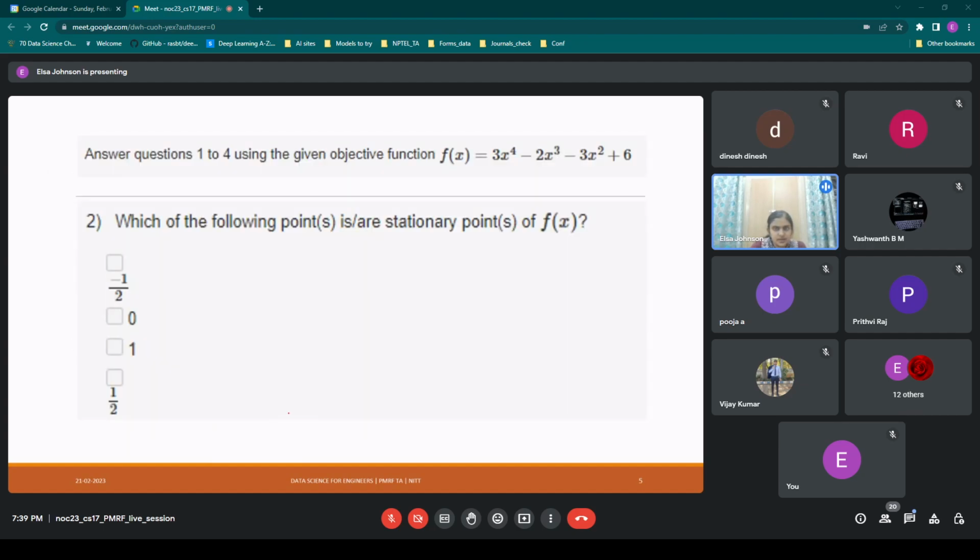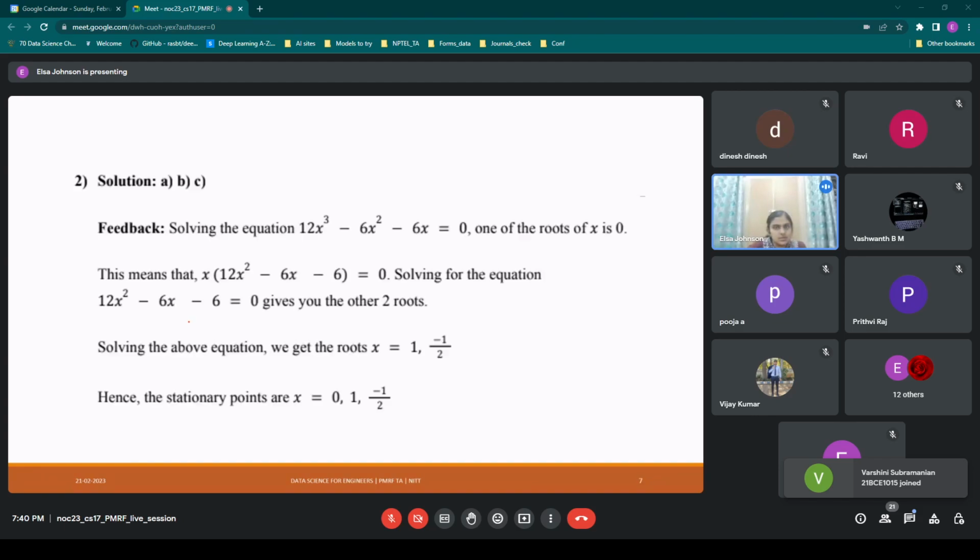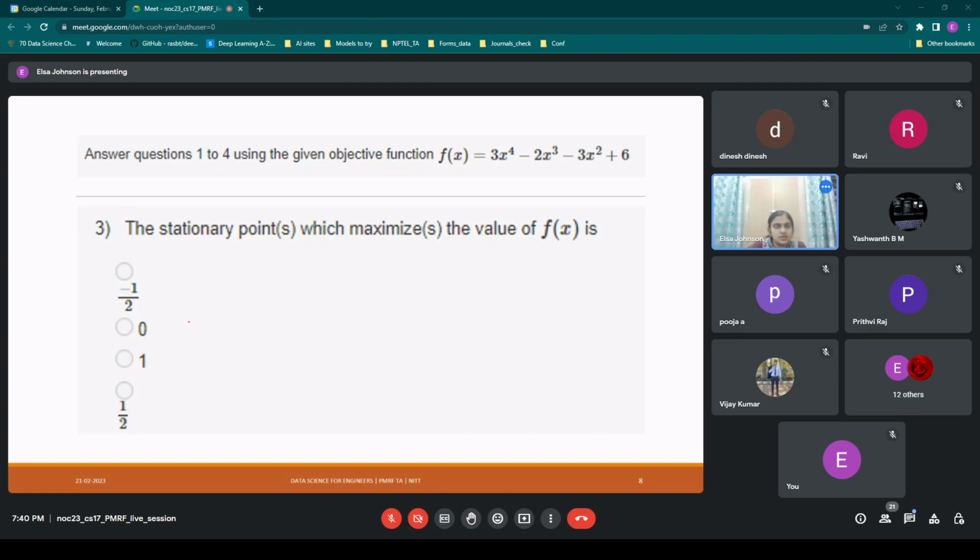The next question asks which are the stationary points, that also you have found out. So it's minus 1 by 2, 0 and 1. Next is the stationary point which maximizes the value of f of x. So this one you can tell.